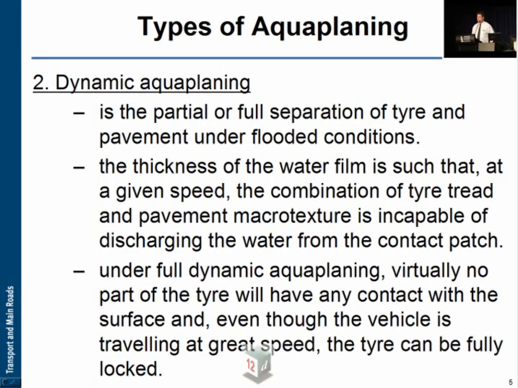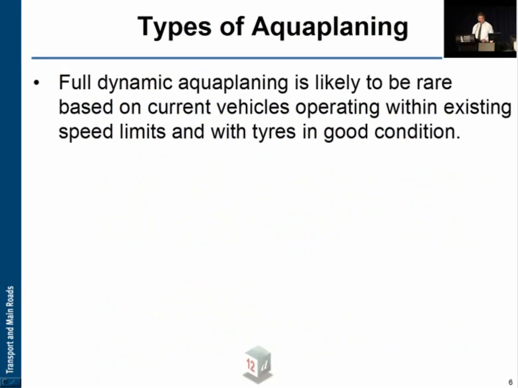So in other words, it's just built up and we can't get rid of it. So under full dynamic aquaplaning, virtually no part of the tyre will have any contact with the surface, and even though the vehicle is travelling at great speed, the tyre can be fully locked. You can't steer the car, you can't accelerate, you can't brake. It's just like on ice. You just keep going in the direction that you lost contact at.